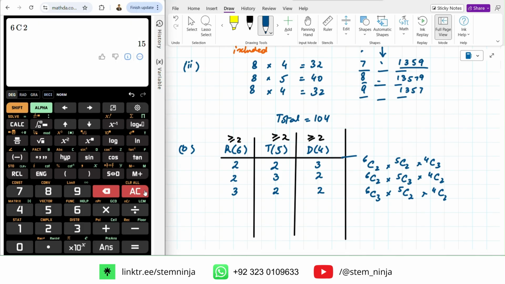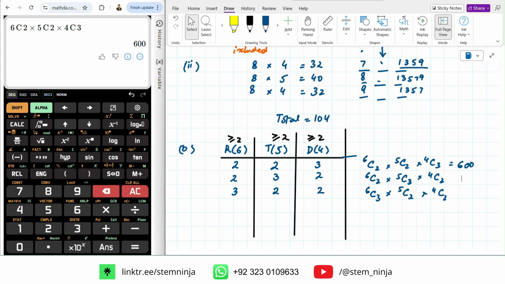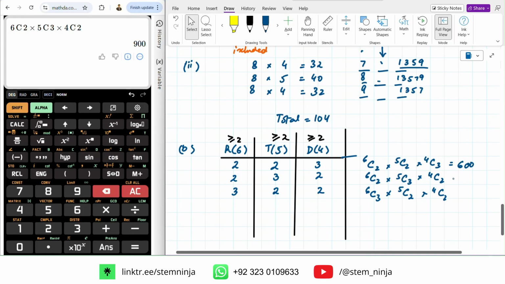So 6C2 times 5C2 times 4C3. This is 600. Right. And then we have 5C3, 4C2, 900.